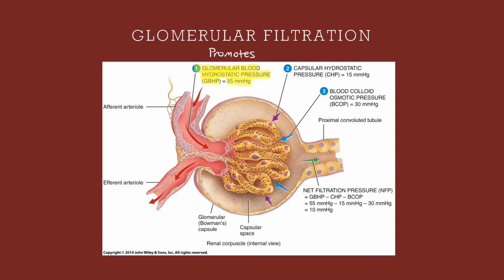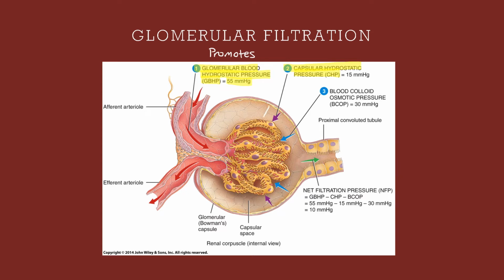The next pressure is the capsular hydrostatic pressure, or CHP. Now, this is the hydrostatic pressure that's exerted against the filtration membrane by fluid that's already in the capsular space and the renal tubule.